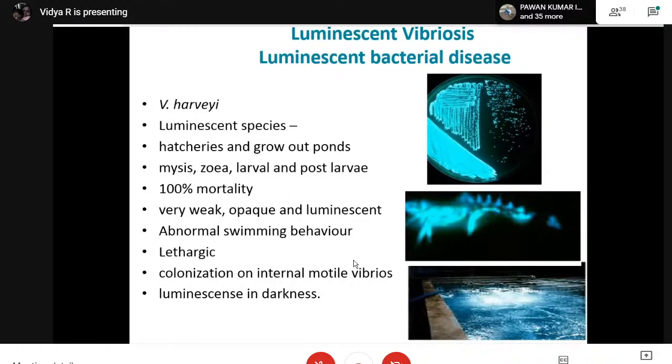That cocktail is called Lumiphage, and we have developed it as a product, commercialized it, and filed a patent for it also.